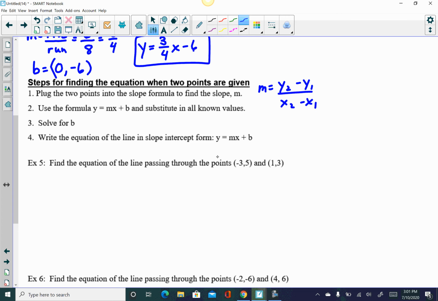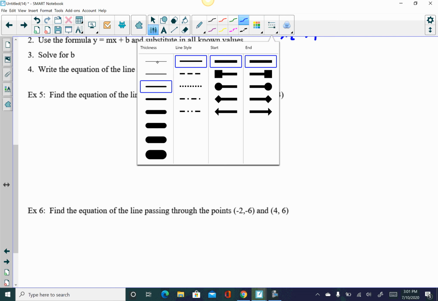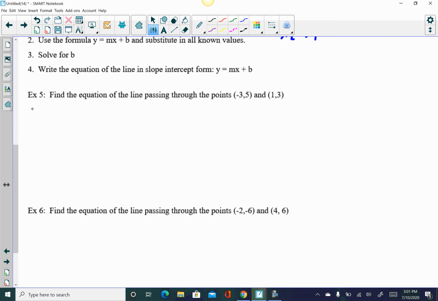So let's do example 5 here from top to bottom. So in example 5, I'll try to do this in steps here so that you can see that. So the first thing that you do is calculate the slope. So m equals, I'm going to come over here and label this x1, y1, x2, y2. So m equals y2, which is 3, minus 5, over y2 is 1.